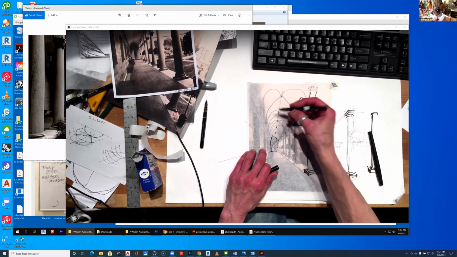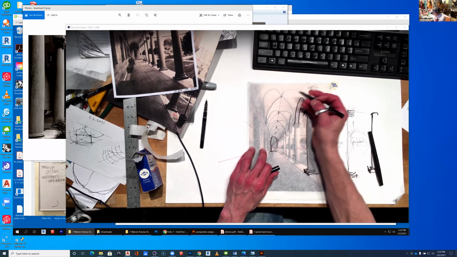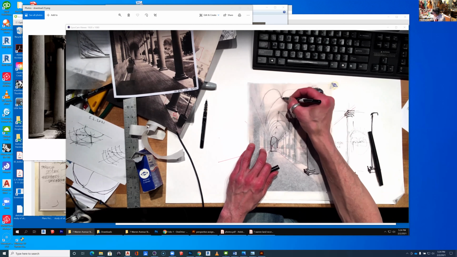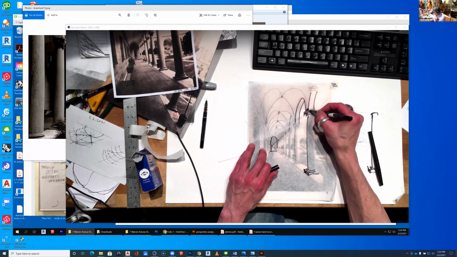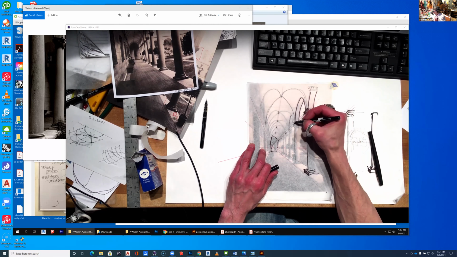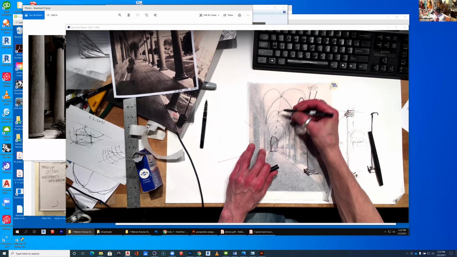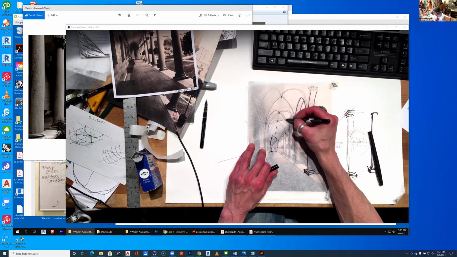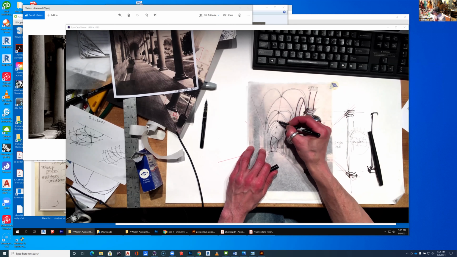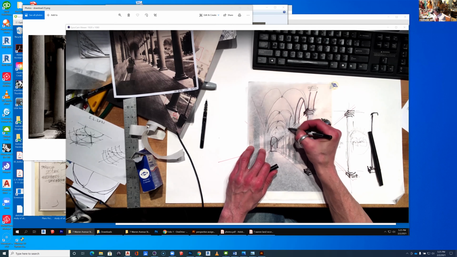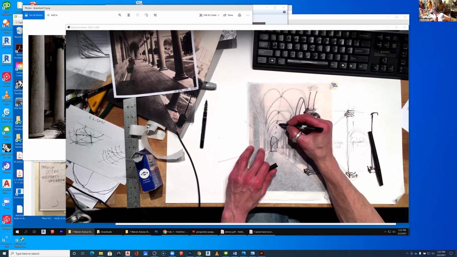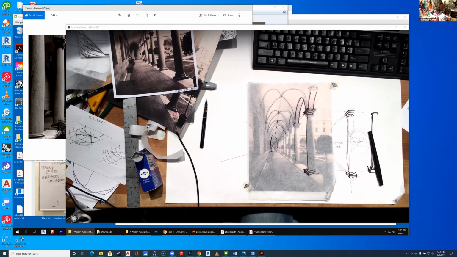And if you get a sense for the rhythm of the thing, forward, back, back from the next column, forward from the next one, you just want enough of that.